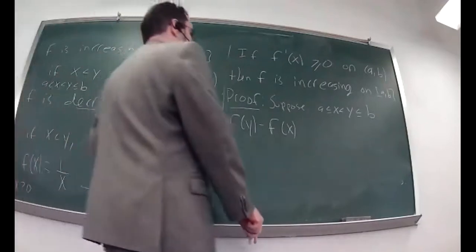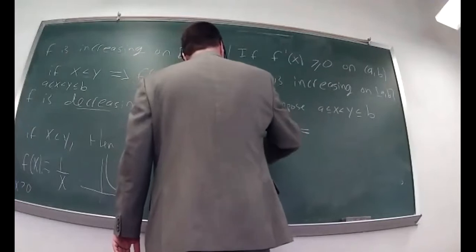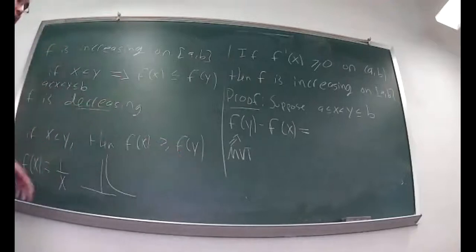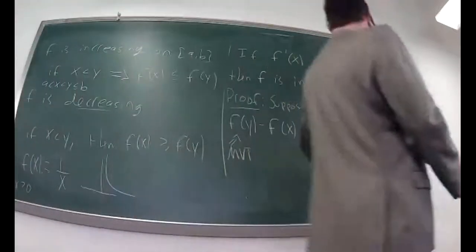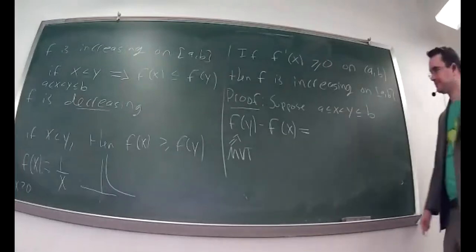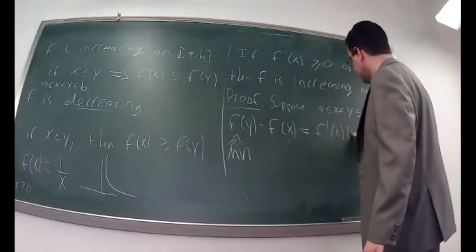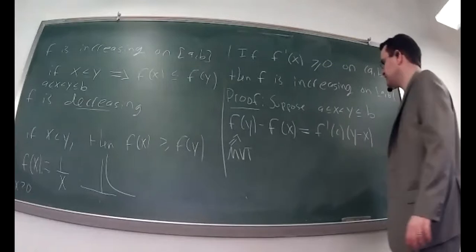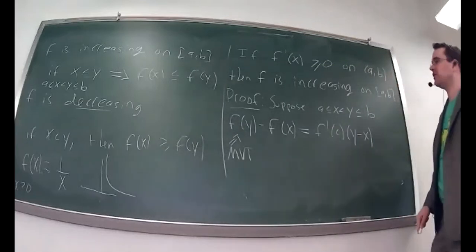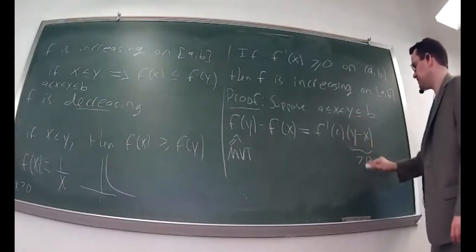And let's apply the mean value theorem. So by the MVT, there exists a point C between x and y. If I'm applying the mean value theorem to the interval from x to y, there exists a point C between x and y, such that this difference is equal to f prime of C times y minus x. And what can I say about this? First of all, y is bigger than x, so this part is bigger than 0.